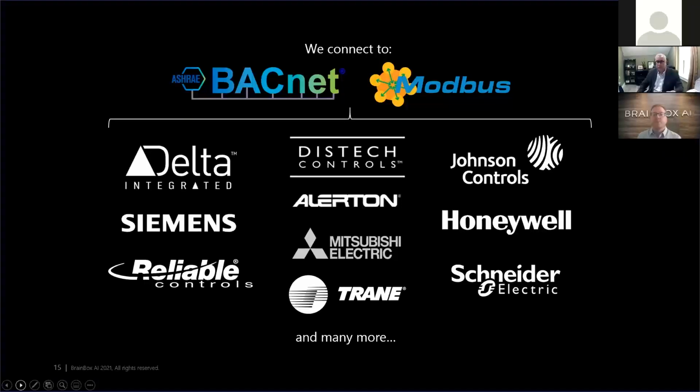So that gives us the ability to be vendor agnostic, and we can control on all those. The other big one that we're not showing here is the Niagara Tridium environment. And I mentioned that early on, we don't even need an edge device to install. It's a software driver that gets installed on a JACE or a Niagara supervisor that allows that connection to the cloud. Next slide, please.